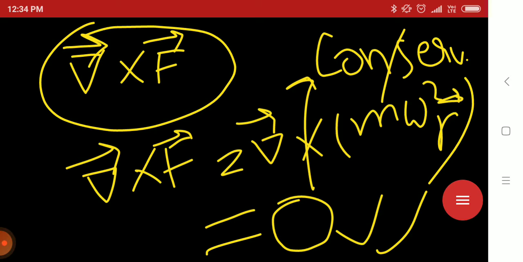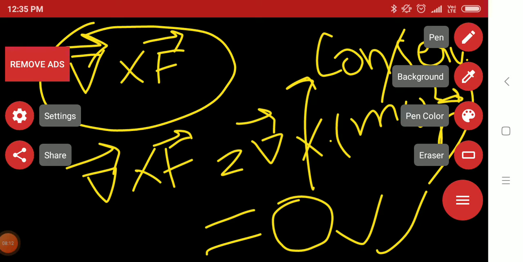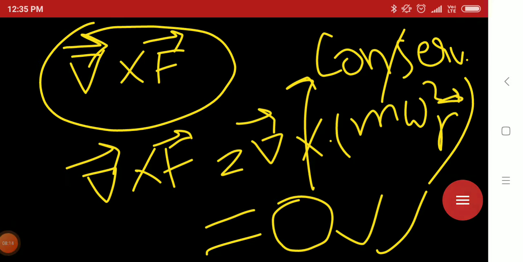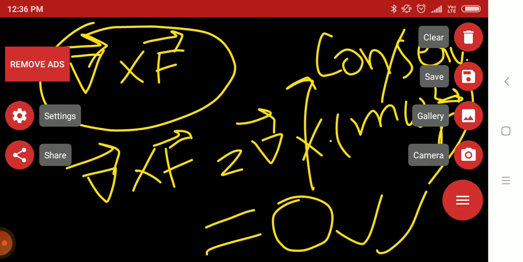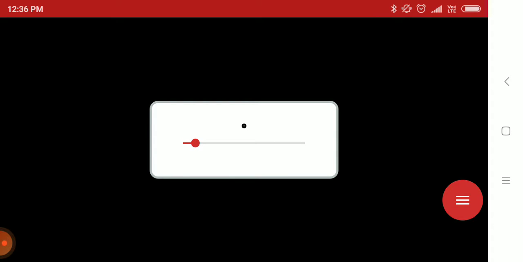So we have done the first problem. Let's proceed to the second problem. First of all, I am sketching the problem.